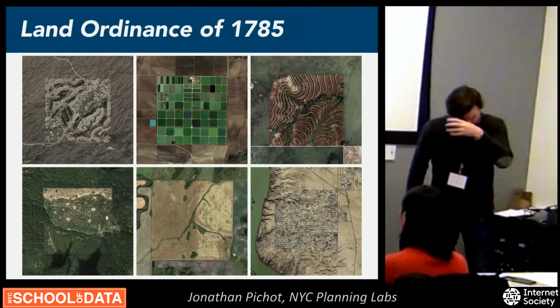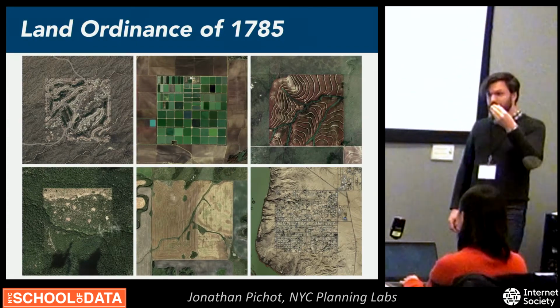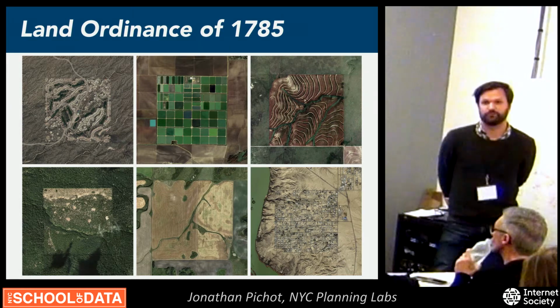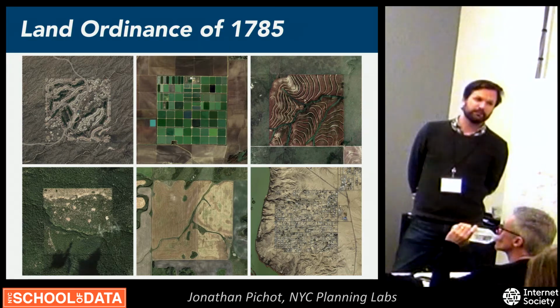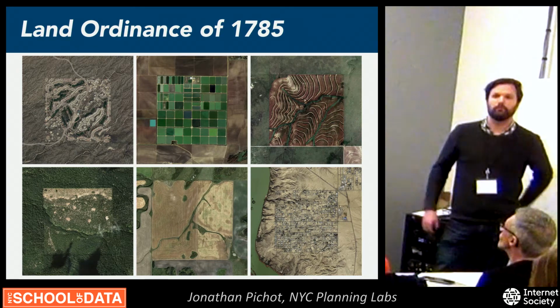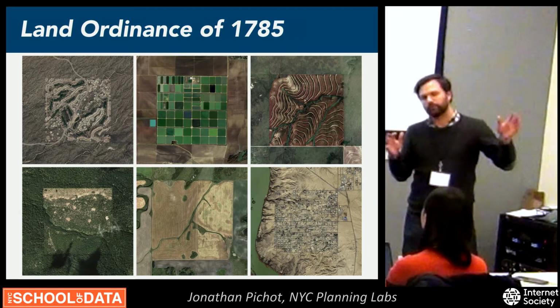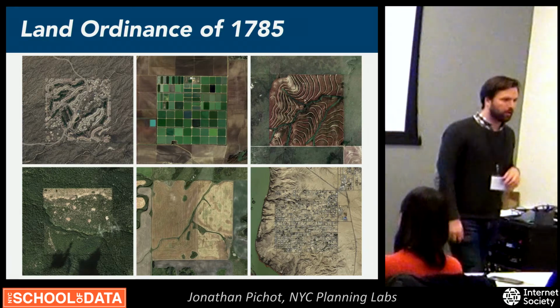But what I'm going to actually start with is a very brief history, and we're going to talk about BBLs. It's actually the Land Ordinance Survey of 1785, which was Thomas Jefferson's plan to make sense of the West. As the United States was growing, the West at this point was the Midwest and up the Mississippi.